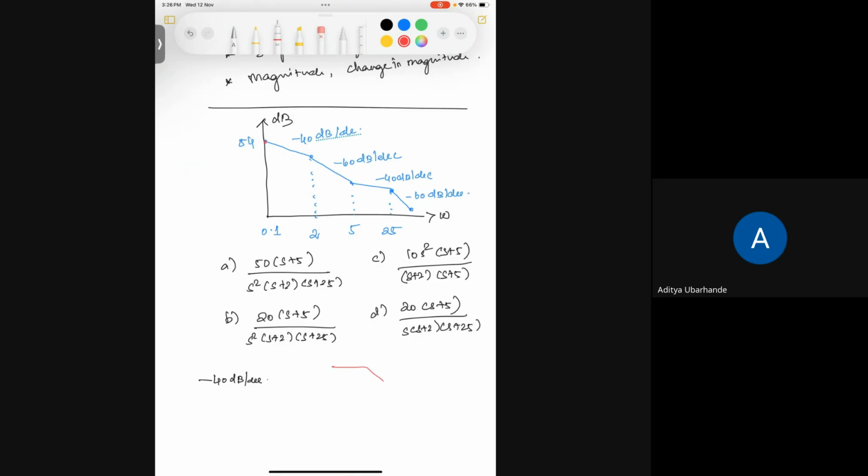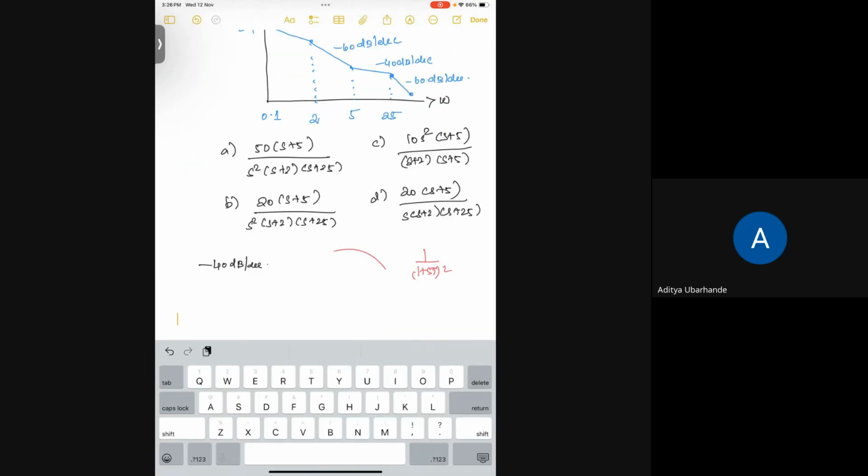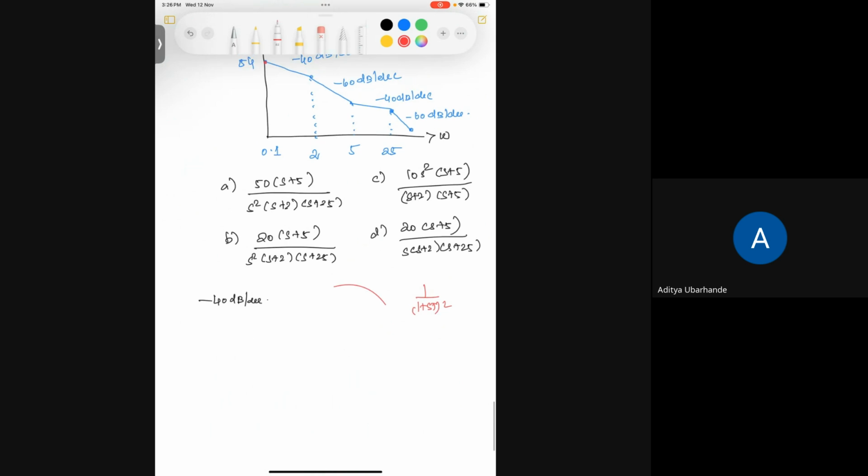It is not starting with 0 and minus 40, otherwise it would be like 1 plus s times T, the whole squared, kind of scenario. This is starting straight at minus 40. So it is very evident that there are two poles at the origin. So I can rule out this one, an easy way to rule out.